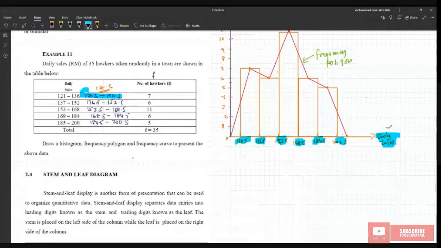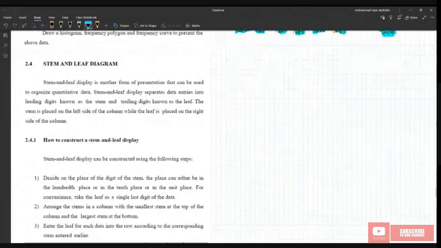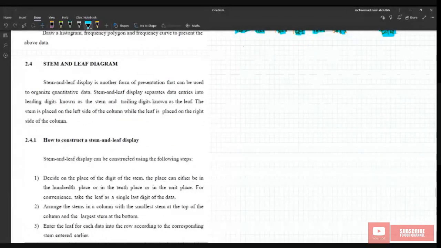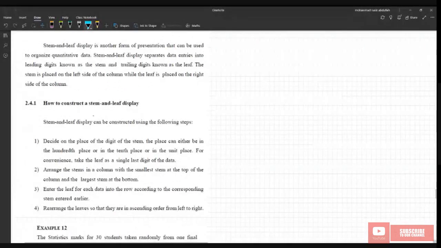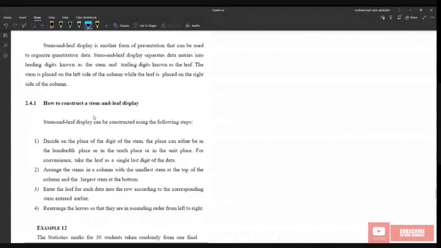So now we move to the next graph, which is stem and leaf diagram. Stem and leaf diagram means you need to draw the stem and the leaf, right? It's another form of presentation that can be used to organize quantitative data.